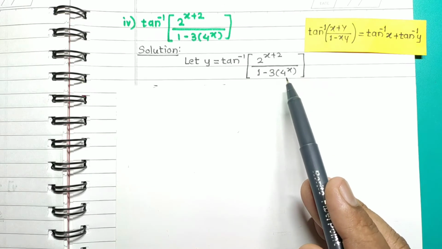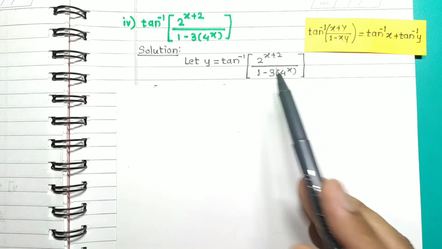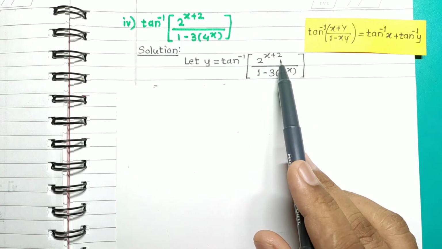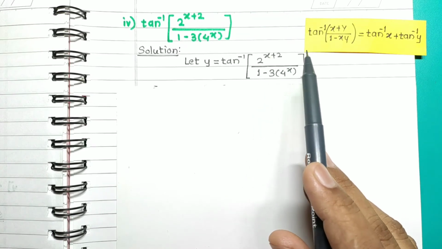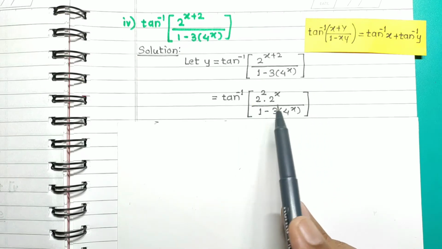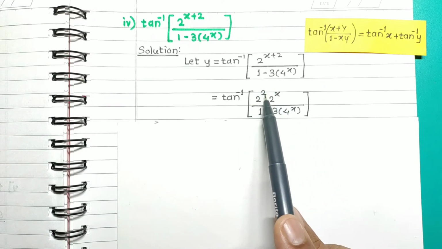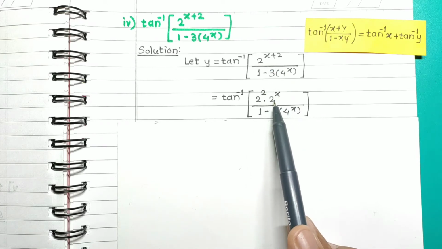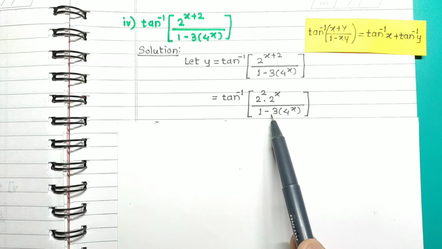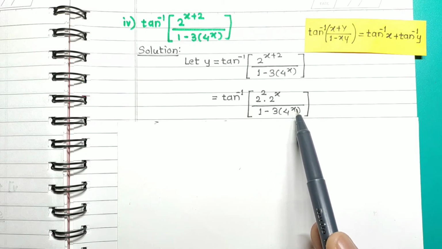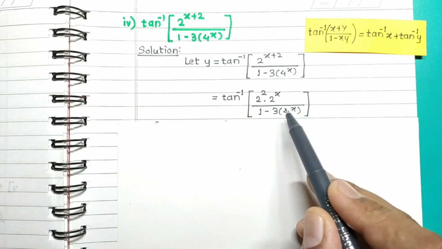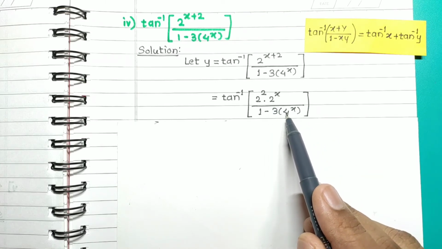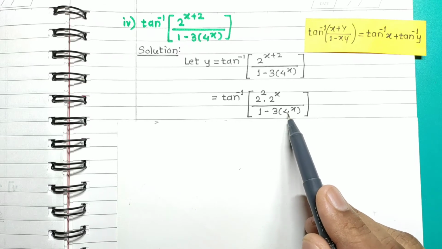See, at the denominator there is the term 4 raised to x, and at the numerator it is 2 raised to x plus 2. So let's split this power and write the function as 2 raised to 2 into 2 raised to x. Okay, so it's 2 square into 2 raised to x upon 1 minus 3 into 4 raised to x. See here, in order to arrange terms like 2 raised to x, you can adjust this 4 as 2 square here.